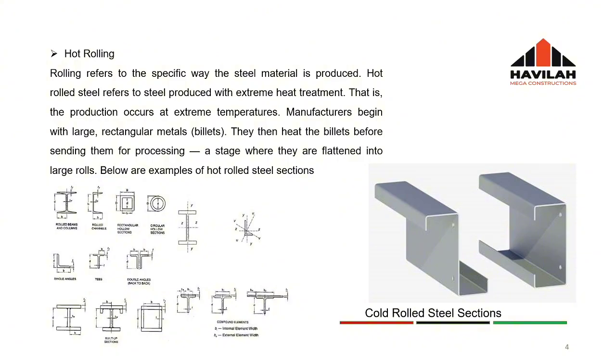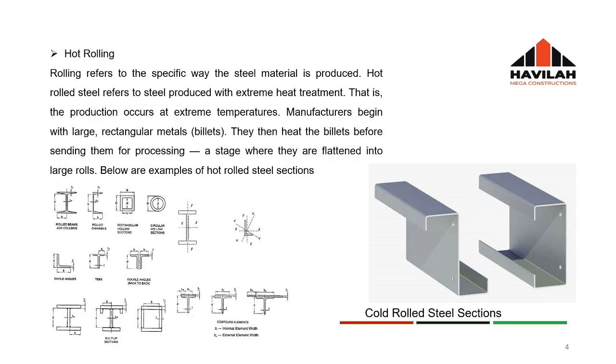You can see examples of these rolled sections, and basically in this course we'll be designing a whole lot of rolled sections, because most of your structural steel members are hot rolled. They are mainly produced at extreme heat temperature or heat treatment.